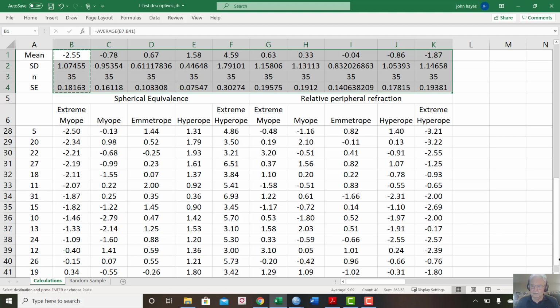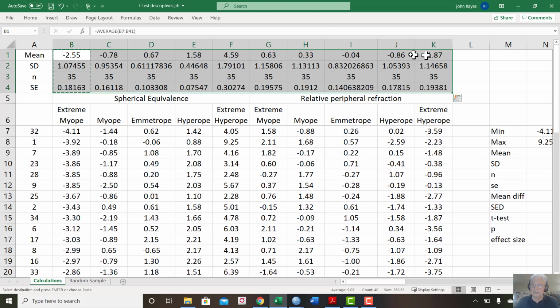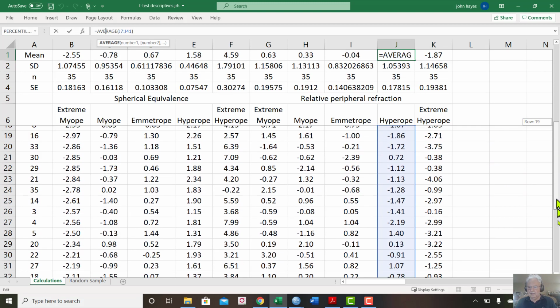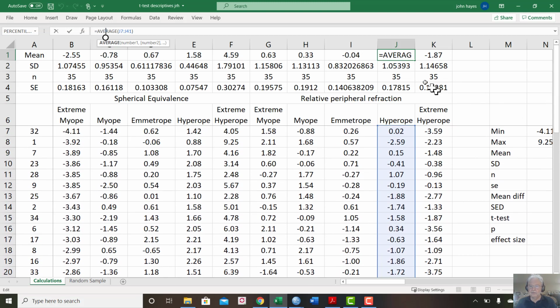Now, what do we have here? Let's just confirm that. Let's pick this one. This is the average hyperope. You can see it goes all the way down. This is the standard deviation, and it goes all the way down.